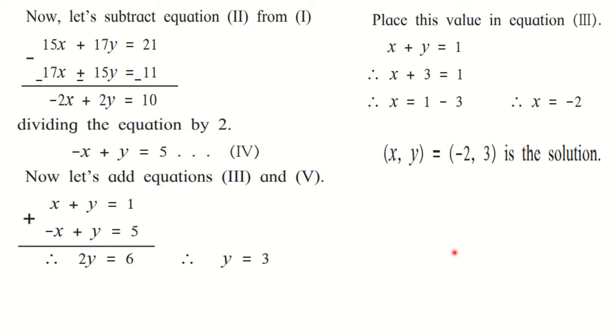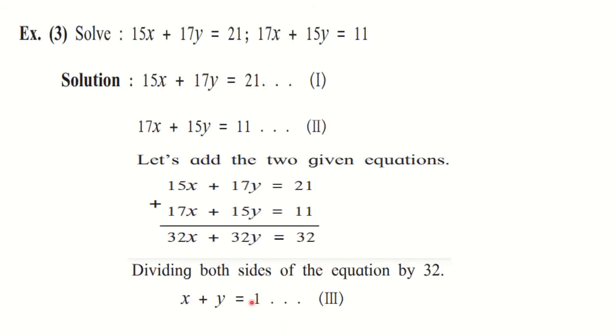Now you know that you have MCQ questions in question number 1A, and there they ask you that two equations are given and you need to find the value of x plus y, or the value of x minus y. In that case you need not solve the whole question here.